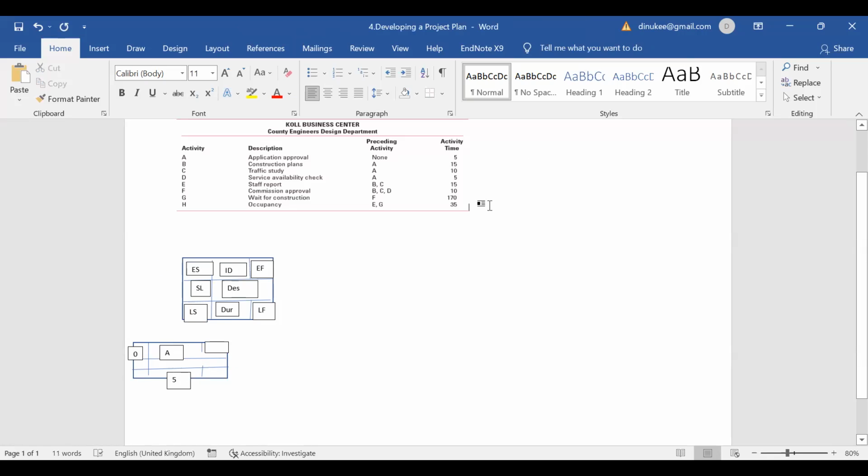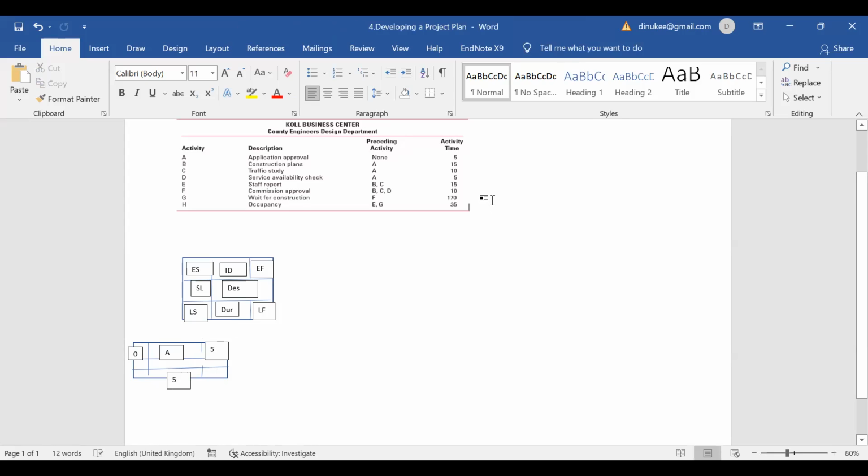So the early finish can be calculated as 5. Early finish means you have to take the early start time, add your duration to it, and you get the early finish time.